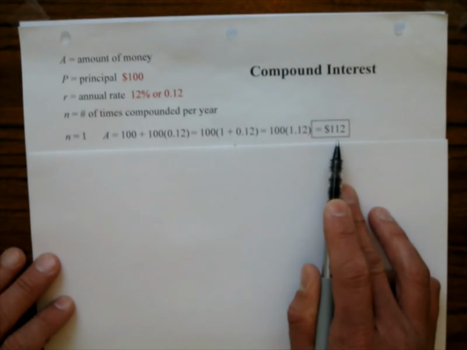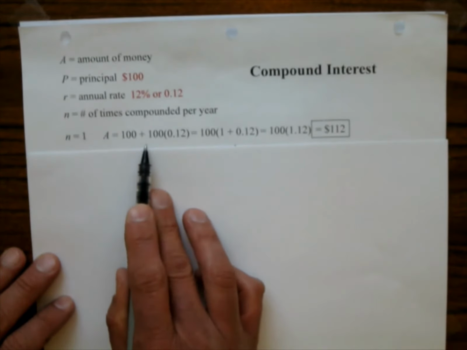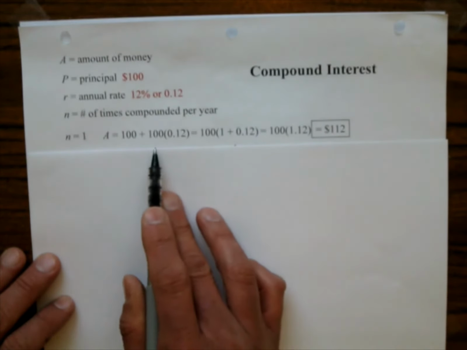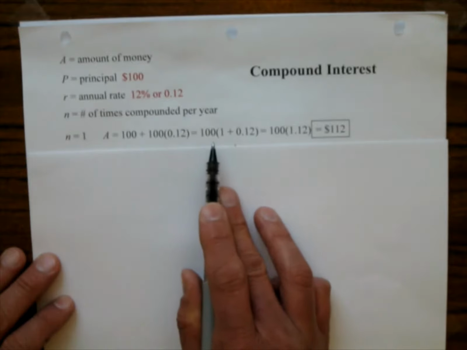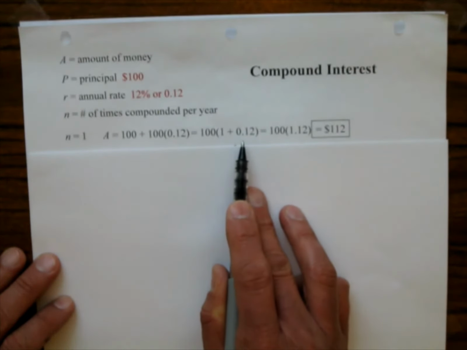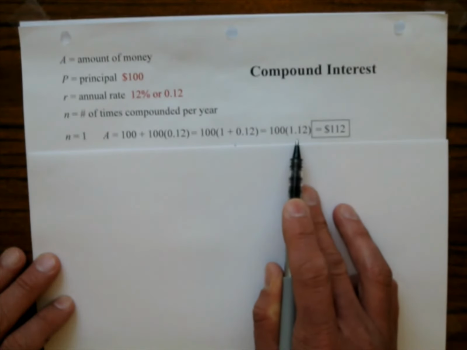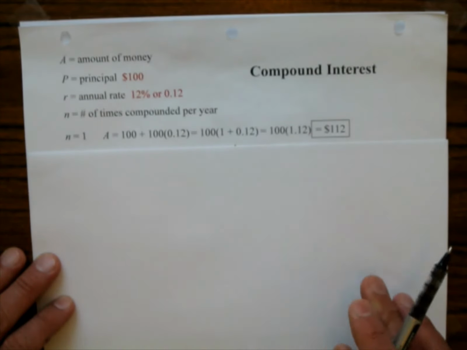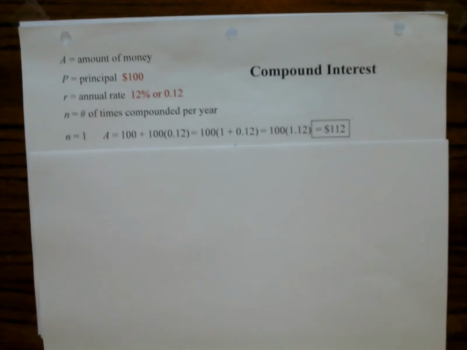What I'm going to do is factor a 100 out to the front, and I have 1 plus 0.12, which is 1.12. That's just another way of looking at that, and it's going to help us with something down the line.